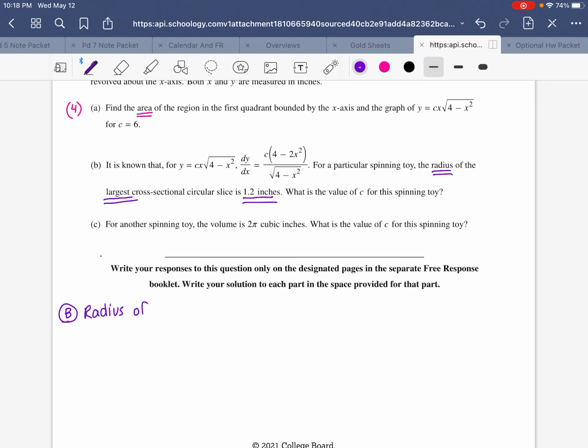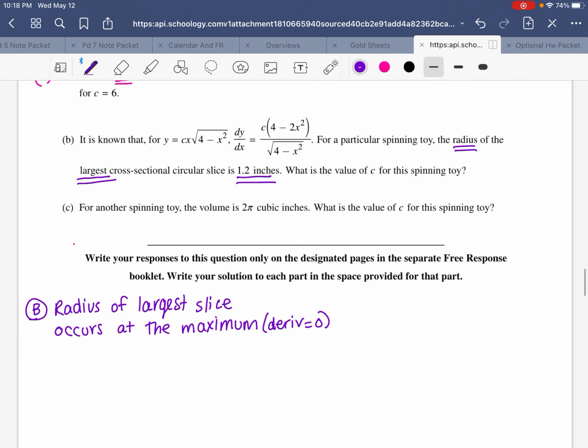I'm going to write that down. The radius of the largest slice occurs at the maximum. Well, how do we find a maximum? We take the derivative and set it equal to 0. So for a maximum, we're supposed to set our derivative equal to 0.